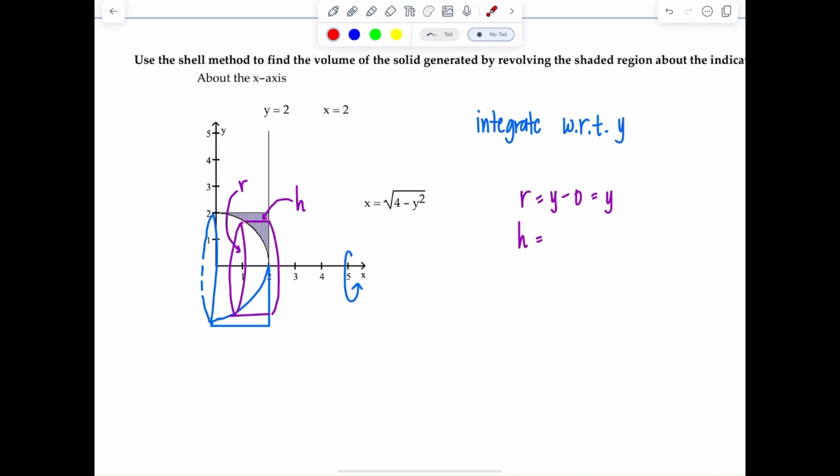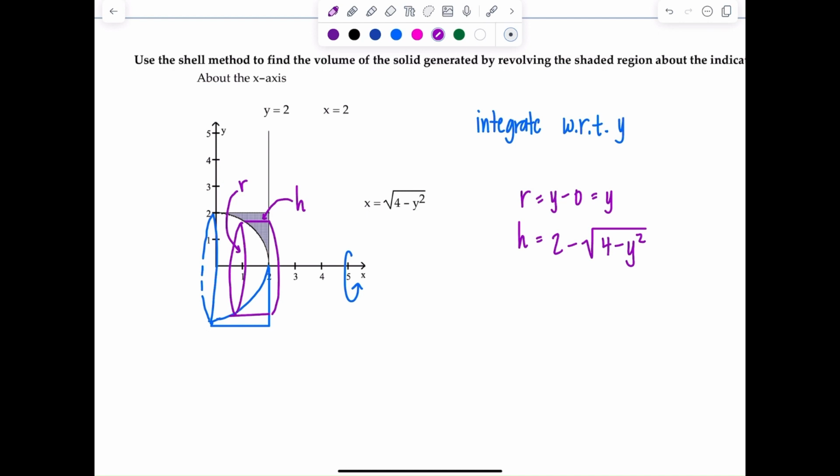Bigger minus smaller is right minus left, or top minus bottom. If you go the other way around, left minus right, that makes no sense because it'll come out negative, okay? Right is x equals 2, this line. Left, the curve. So that's the height: 2 minus rad 4 minus y squared.